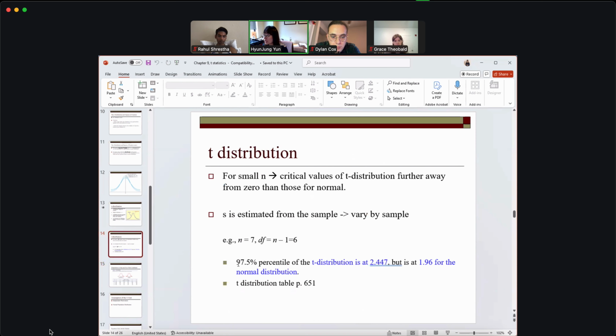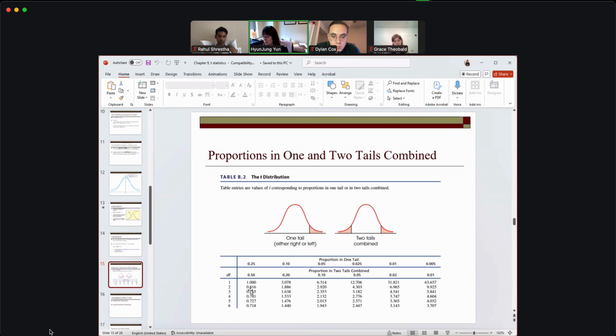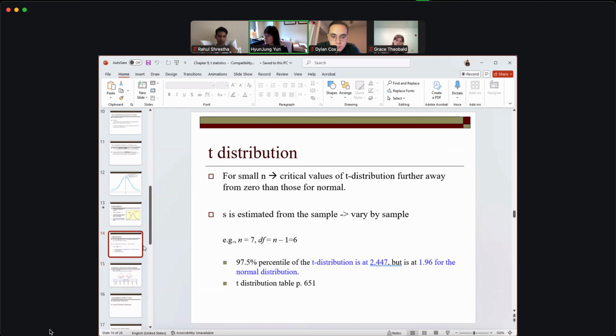When we look at the t-distribution, and it is maybe a one-tail test, 0.025, right? Then the z value is 1.96, but here the statistic value is different, it differs by degrees of freedom. In this case, the total sample size I have is just 7, and degrees of freedom is n-1 for this basic form of a t-test.